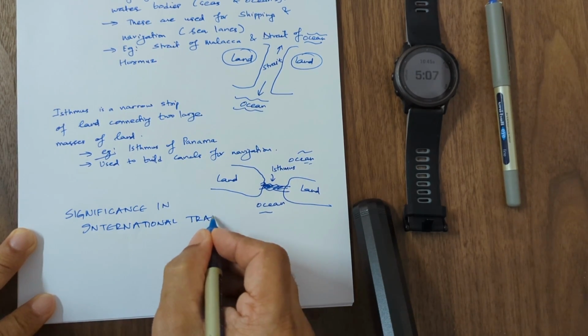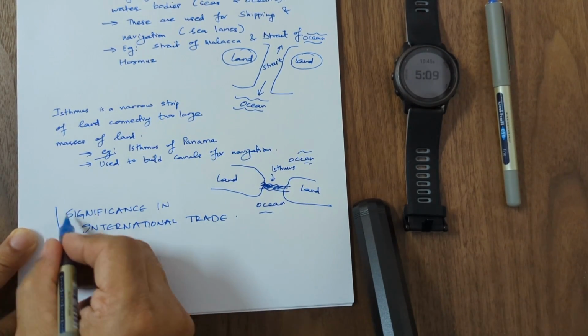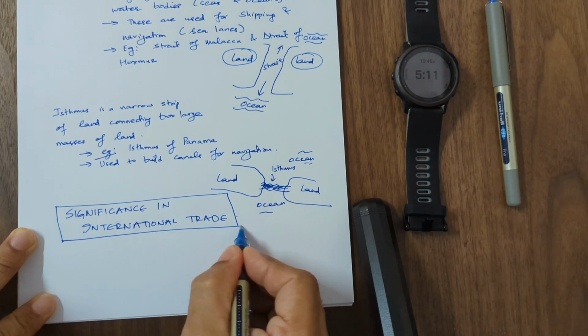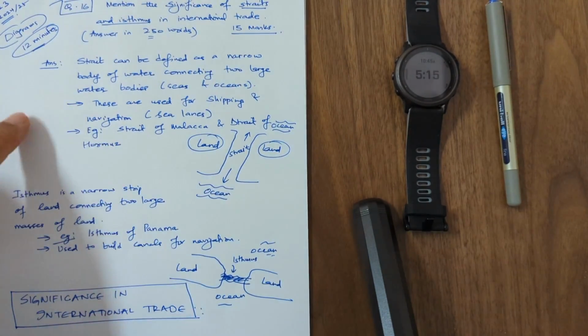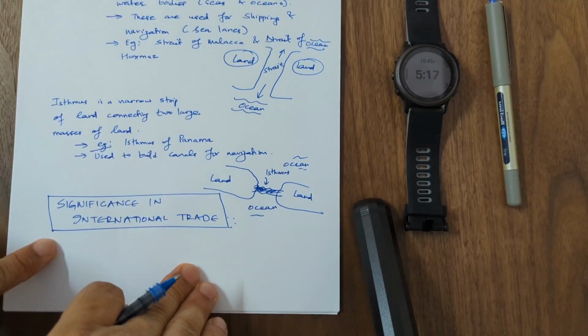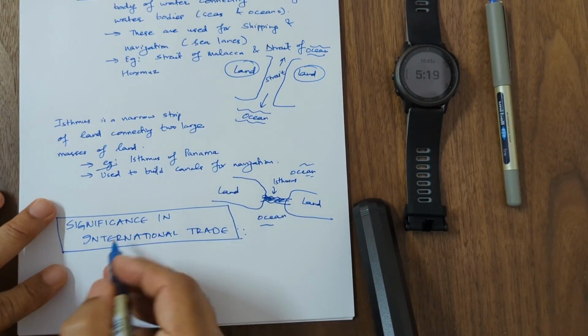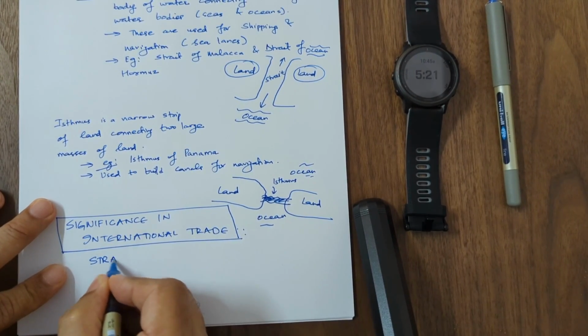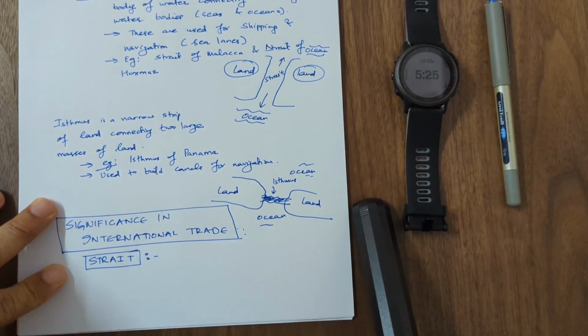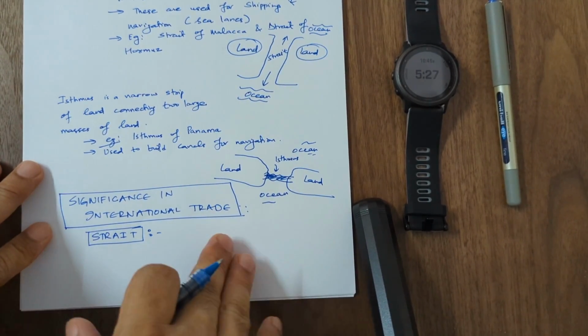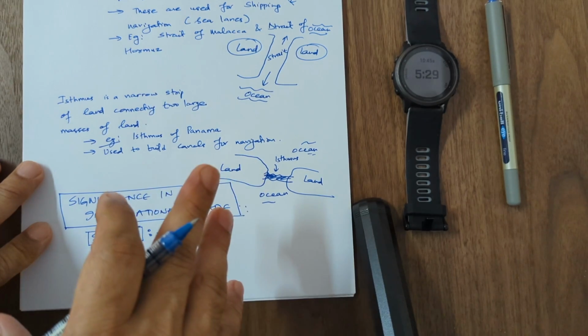See, I have written it quite bold, and I will box it, really boxed, so that if the checker of the exam wants to come directly to this, they can come to this also. And first I'm going to give the importance of straits, and then I will come to the importance of isthmus, because we have to provide the importance of both.